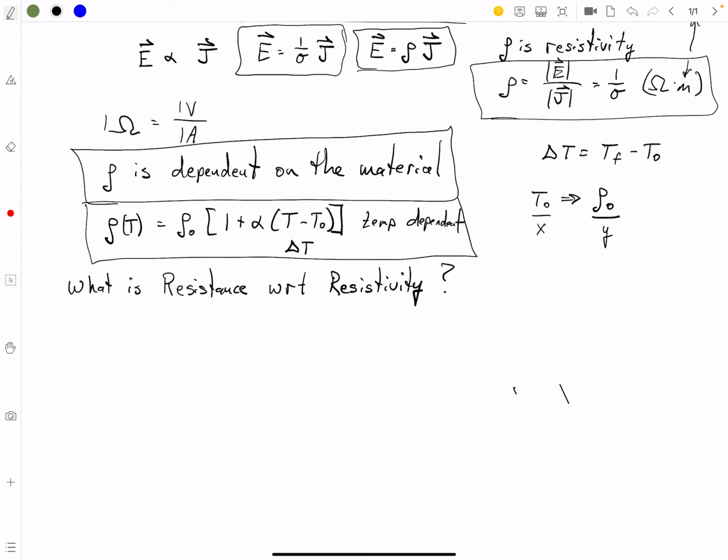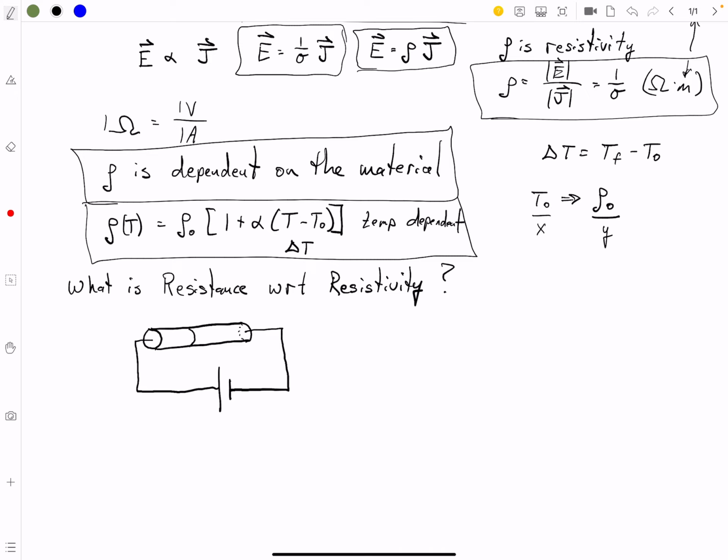So we can do it. We can create, so we have some material, we know the resistivity of the material. We've taken a section of that material, we've formed it, and we're going to connect a wire to it on one end. We're going to connect a battery to it, and then we've got the wire going in the other side.